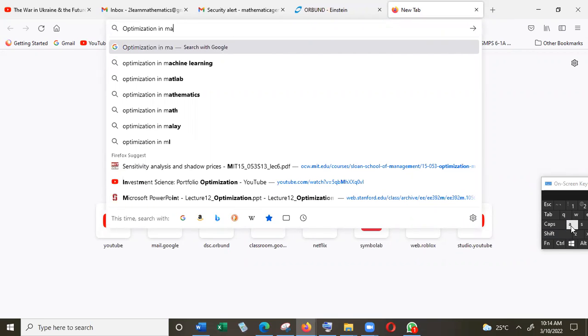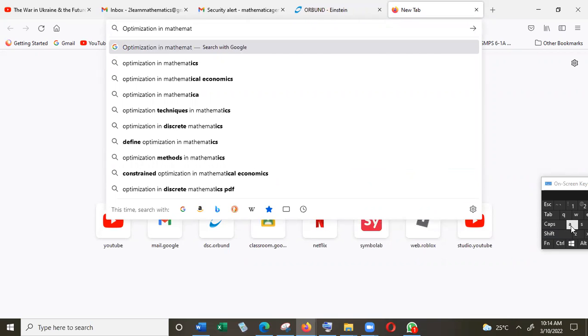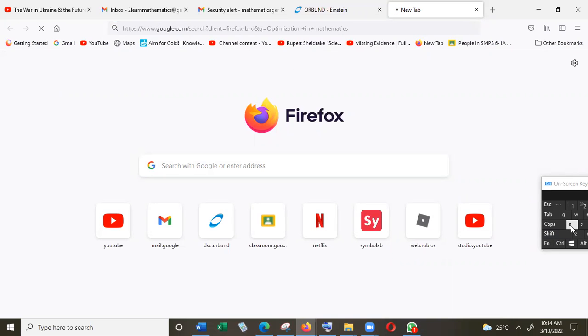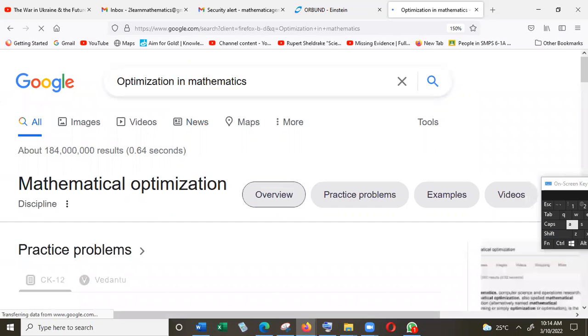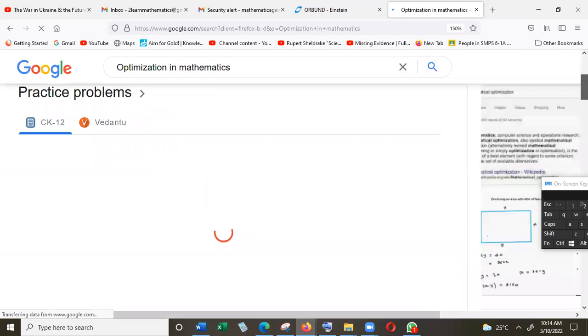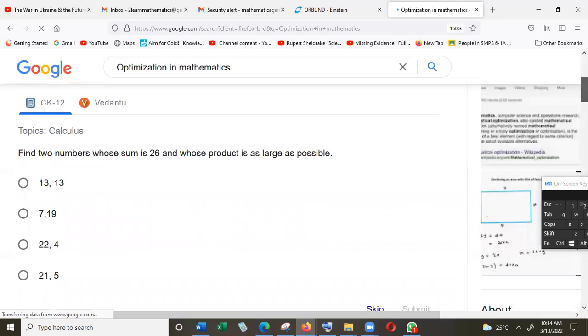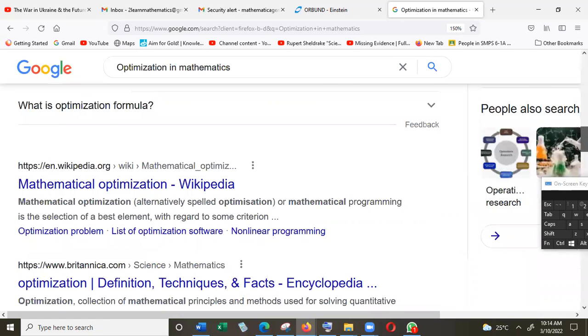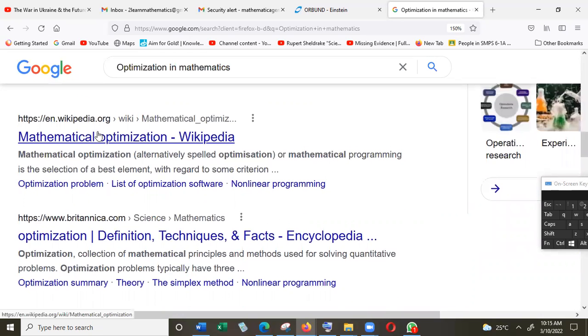So please add that to your vocabulary, make it second nature to you. Once you type optimization, I'm sure you're going to see differentiation mentioned somewhere. Mathematical optimization. People ask, mathematical optimization Wikipedia. Well, let's see what Wikipedia has to say about it.